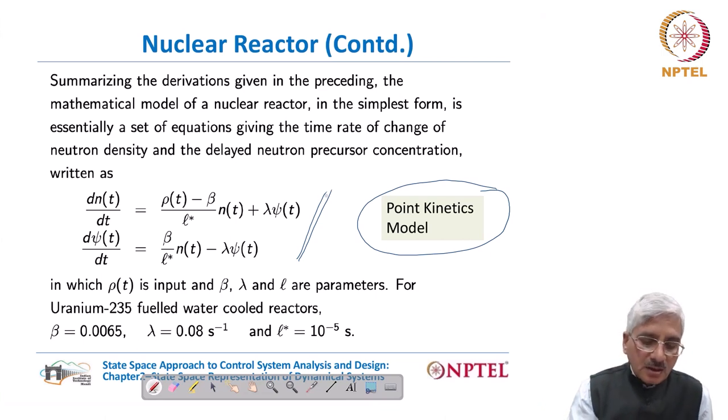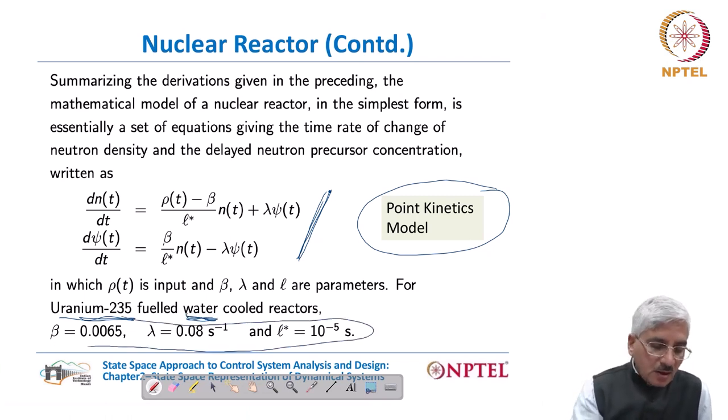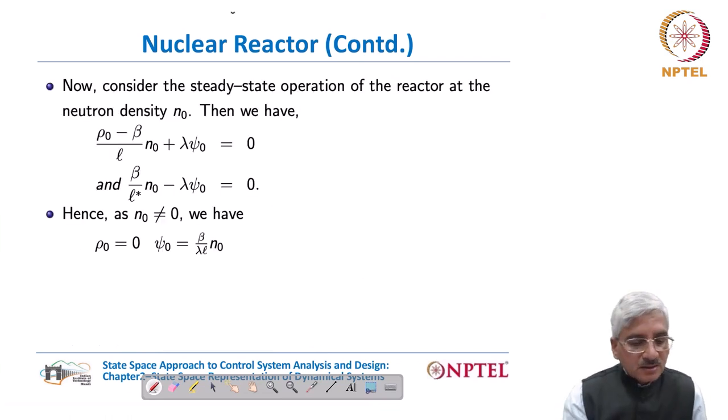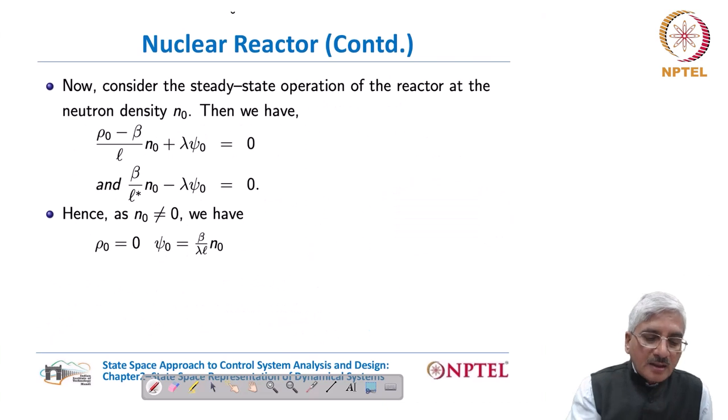This can be a starting point for a control engineer. Usually for a uranium-235 fueled reactor cooled by water, the values of parameters are something like this. So we consider the steady state, where the neutron density is n0 and the delayed neutron precursor concentration is psi 0, and those two equations can be written like this.